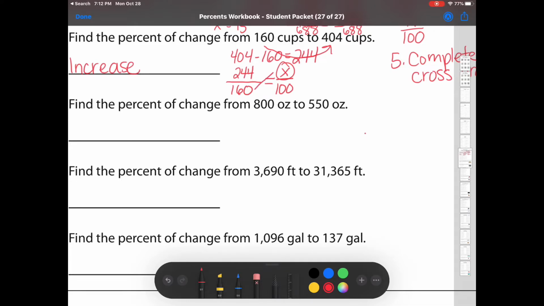And we're going to implement cross products. So 160 times x is 160x. That will be equal to 244 times 100, which is 24,400. To get rid of my coefficient of 160, I'm going to divide both sides by 160. And I'm left with x equals 24,400 divided by 160.